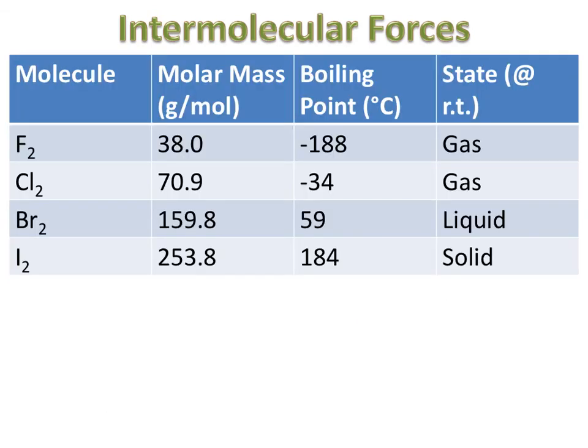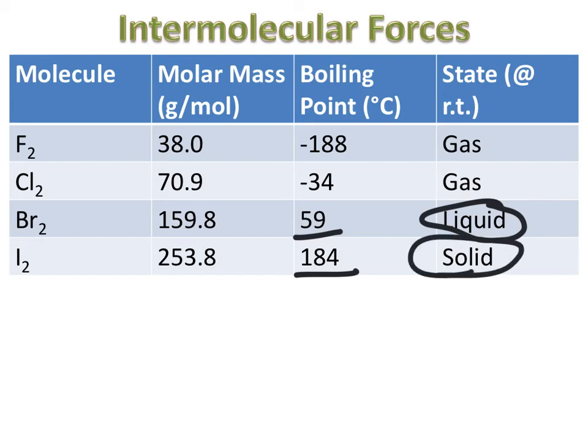So here's that trend. As I indicated, bromine is a liquid at room temperature with a boiling point of 59 degrees, and iodine, whose molar mass is considerably higher than that of bromine, has a boiling point of 84, and is a solid at room temperature.